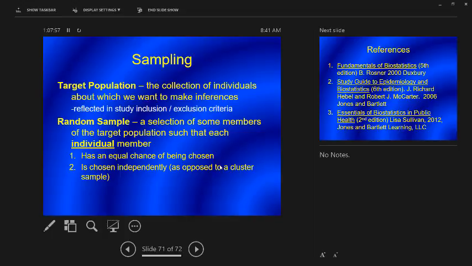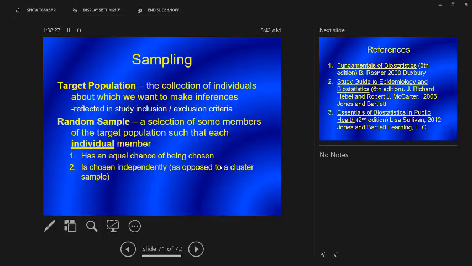That's not random. It's a cluster. So you couldn't say it's a simple random sample of households anymore, because the households were not chosen independently. The blocks I knocked on all the doors on were selected independently, but within those, the individual units, or the household surveys, were not selected independently of each other. They were chosen in clusters, blocks. That's just a contrast to show you what that means.